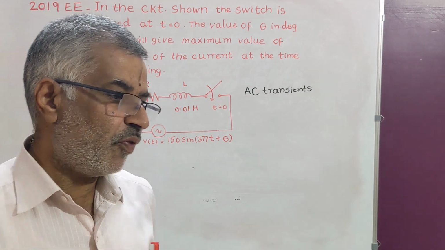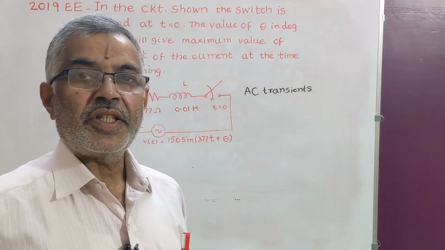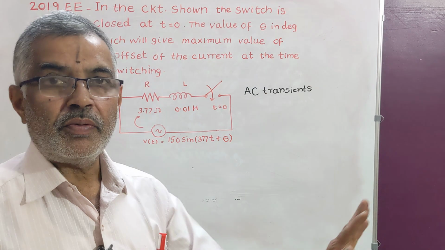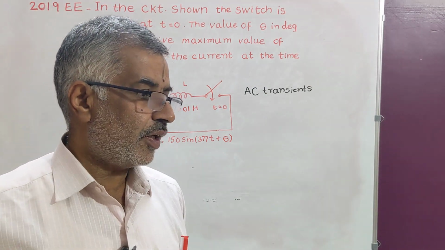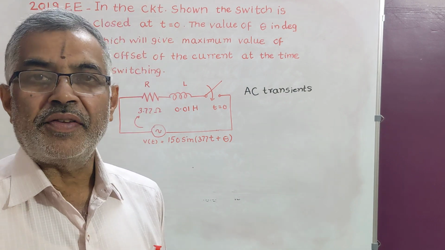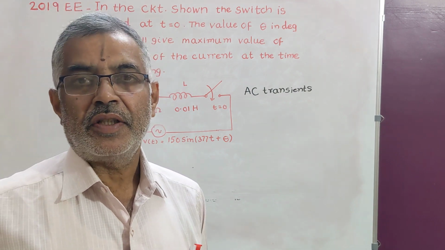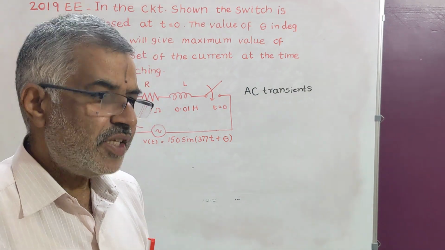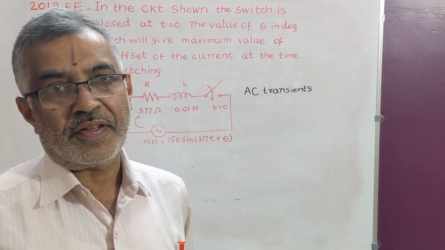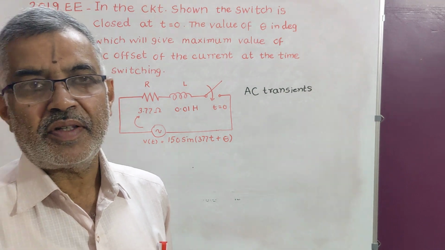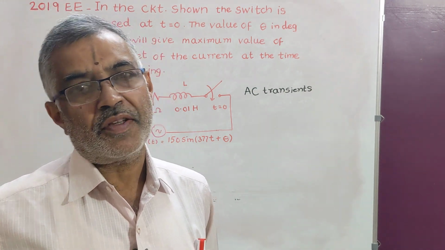Therefore, before any system enters the steady state, it has to pass through what is known as transients. And the students study transients under two headings: DC transients and AC transients. DC transients means transients observed in DC circuits. AC transients means transients observed in AC circuits.